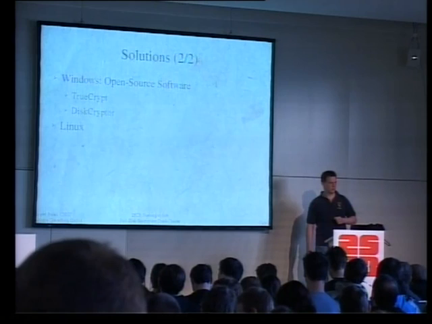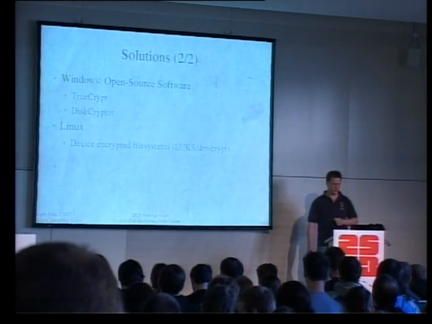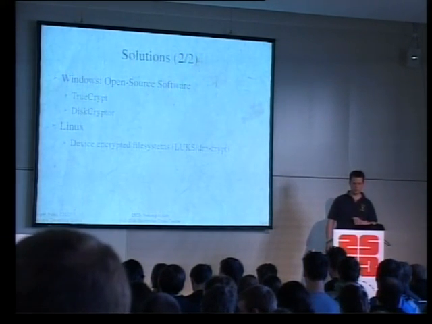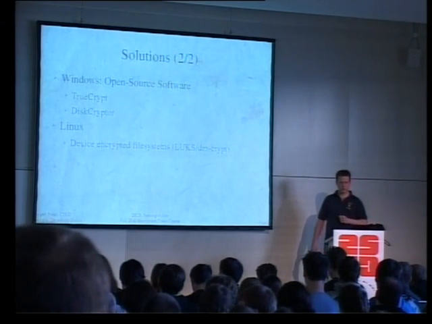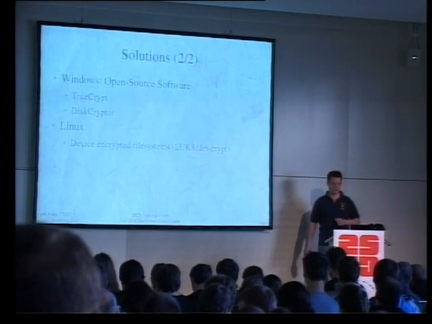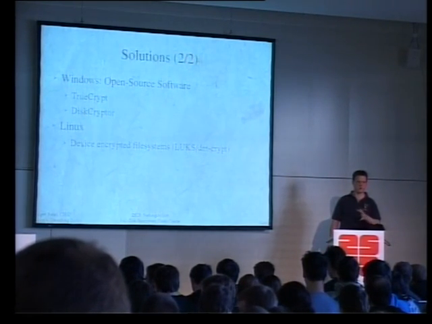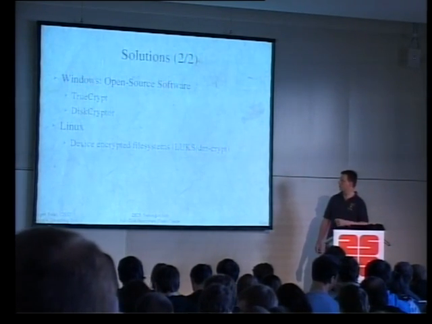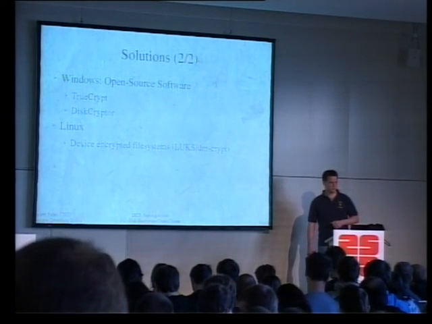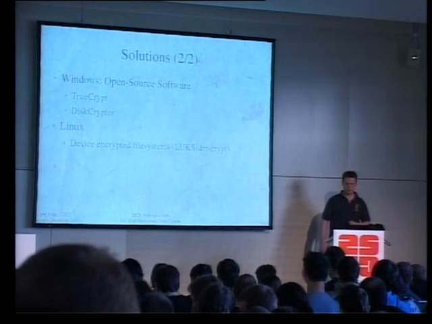Then we have Linux. I've also already said there's encrypted file systems on encrypted devices. There's LUKS and dm-crypt. This is the device mapper. LUKS is the Linux Unified Key Setup, or something.